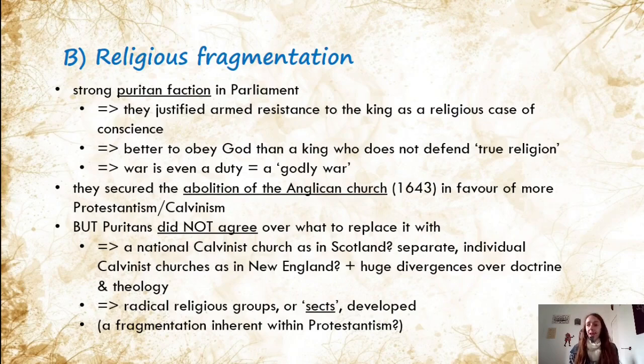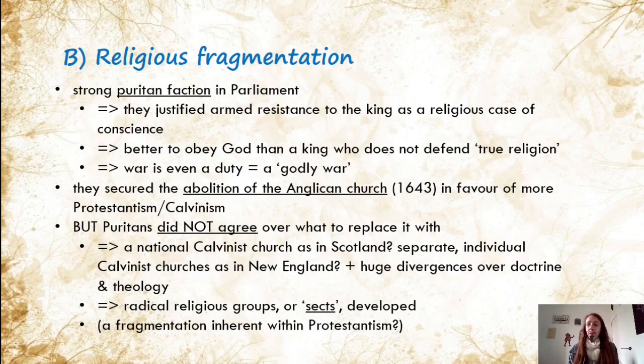Indeed, a national Calvinist church, such as the one that existed in Scotland, could have been one option according to some. Separate individual Calvinist churches, as in New England, were another option. Huge differences basically prevailed over doctrine and theology.